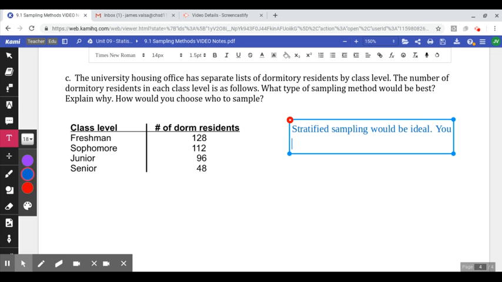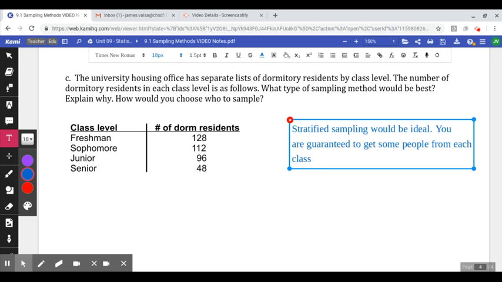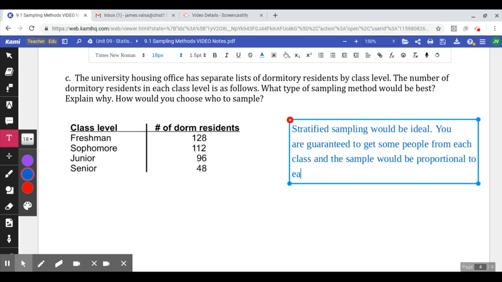So here you are guaranteed to get some freshmen, or let's say some people from each class, and the sample would be proportional to the number of people in each class.